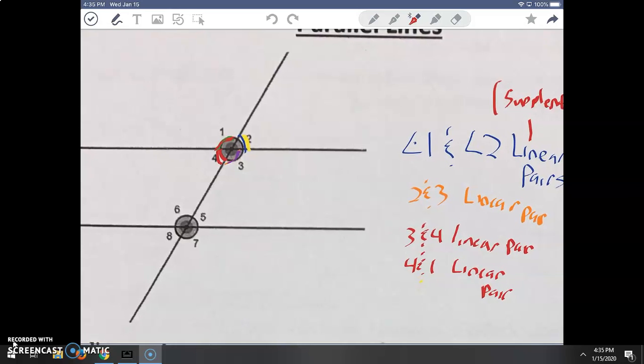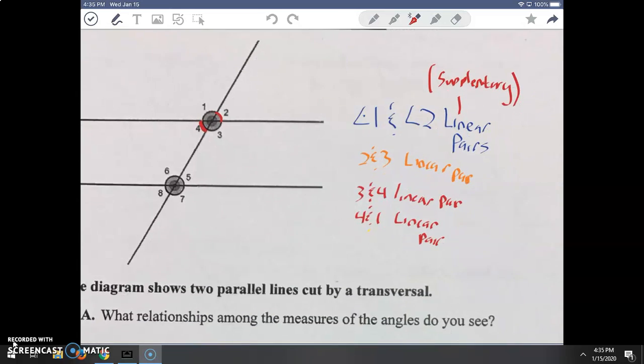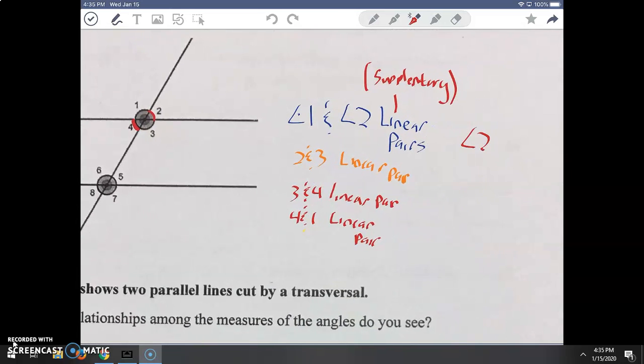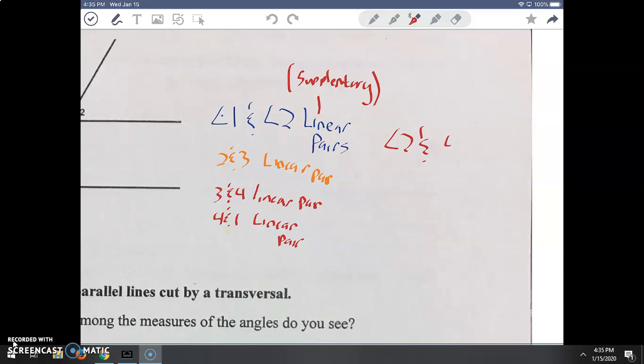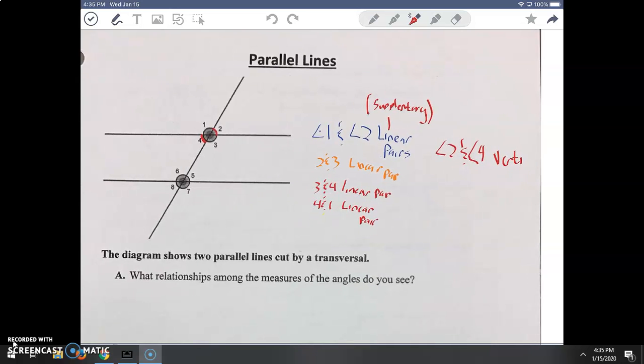Well, if we go back to what we tested on your test yesterday, you also notice that angle 2 is a vertical angle to angle 4. So angle 2 and angle 4 are vertical angles, and remember, those are congruent, or the same.